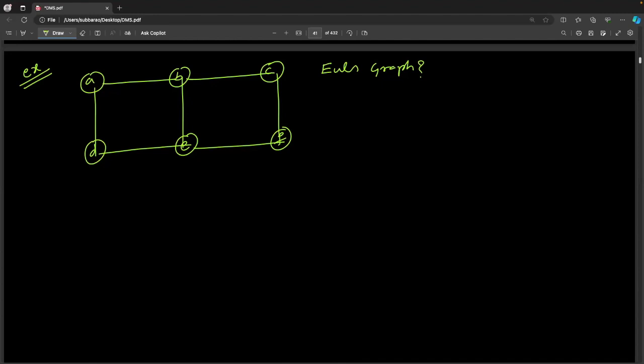The question here is: is it an Euler graph? Everyone try. If you try now, it will become easy. Euler spelling is E-U-L-E-R.